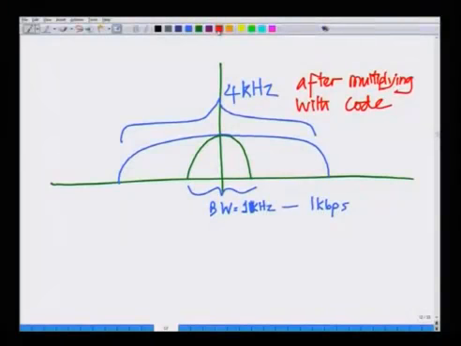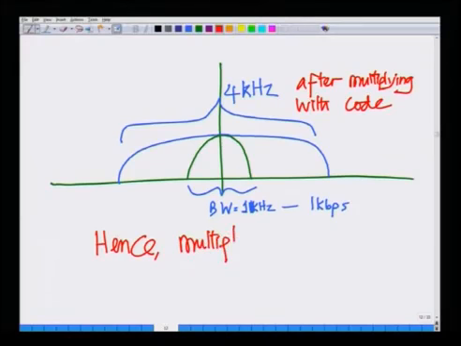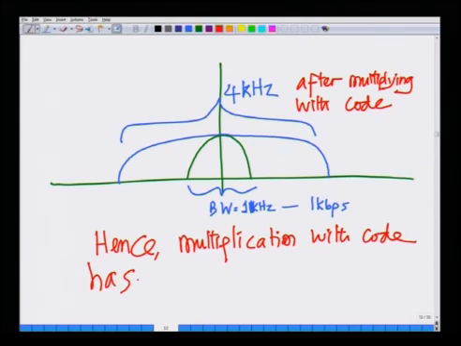Hence, this is the key word: multiplication with the code has spread. Remember, the original bandwidth is small. Now, after multiplication, the bandwidth has spread.